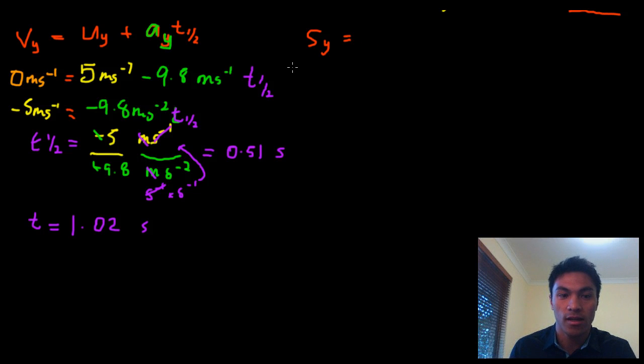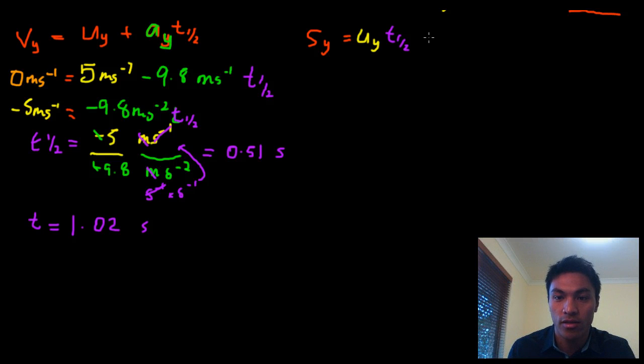Okay, let's do this in colors as well. I'm sorry, it's going to be a little bit slow. u_y at t half, and I'll already put a minus here, because it's usually plus half a t squared.